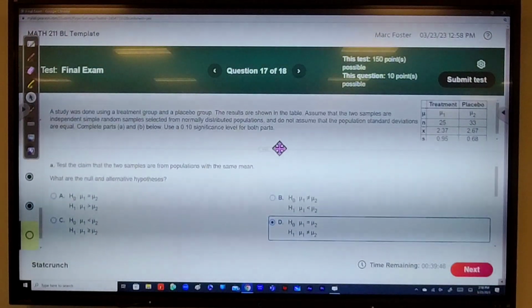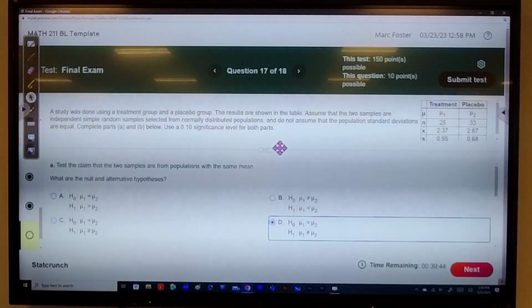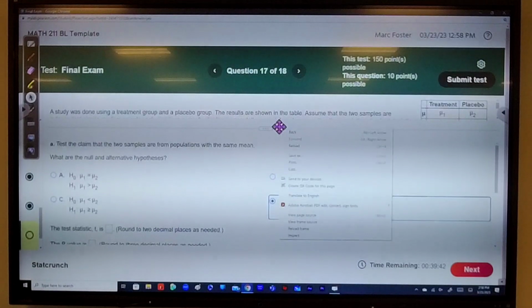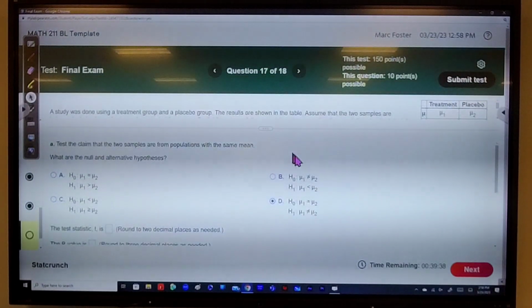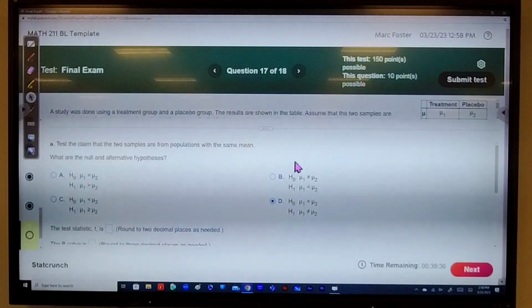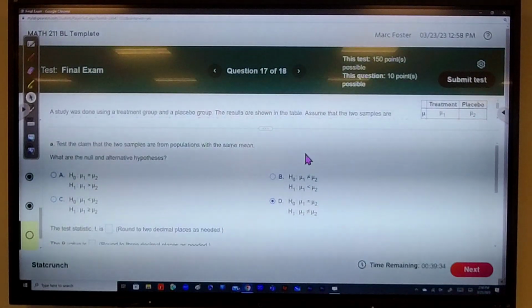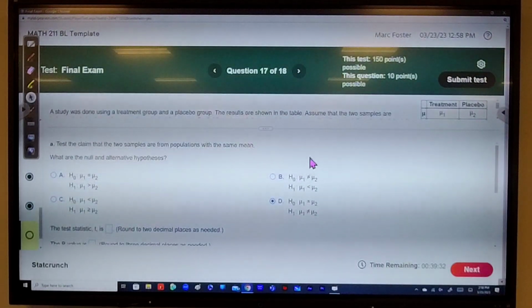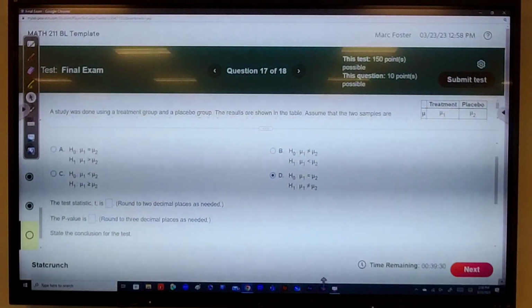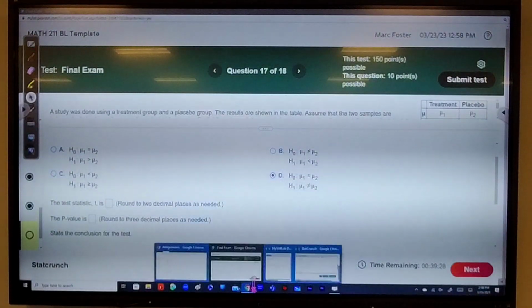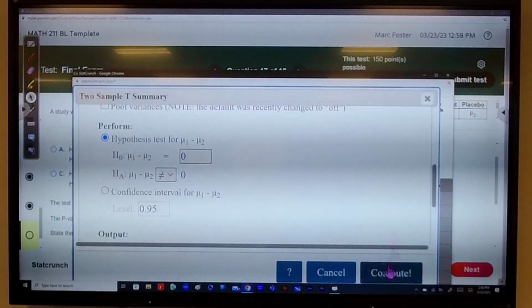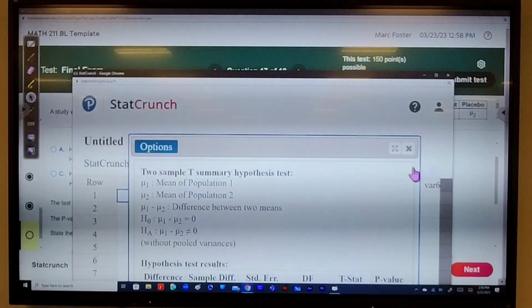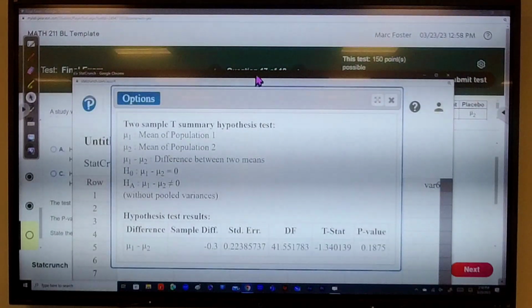They don't even tell us what X bar is. I don't even know what they're measuring here. But they could have said, check to see if the mean of the treatment group was less than the placebo group or whatever. Then I should make sure that I use the not equal symbol right there. Now I can compute, and I've got my numbers.